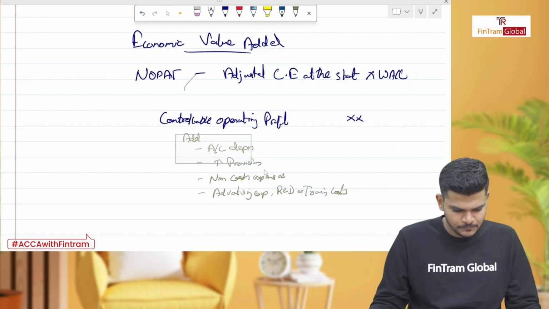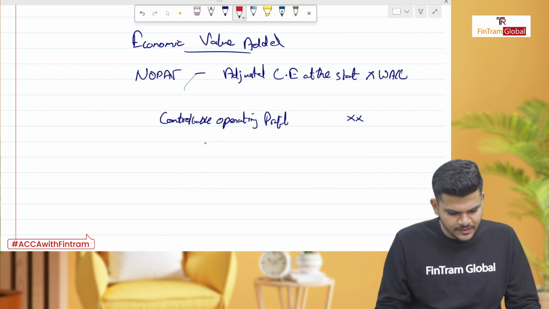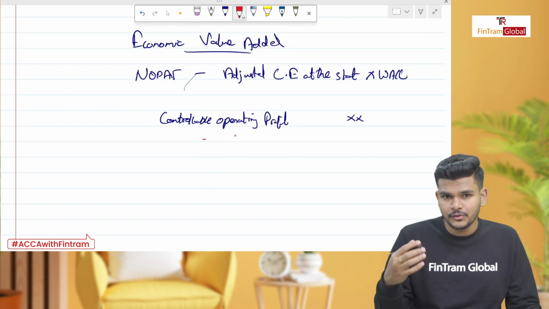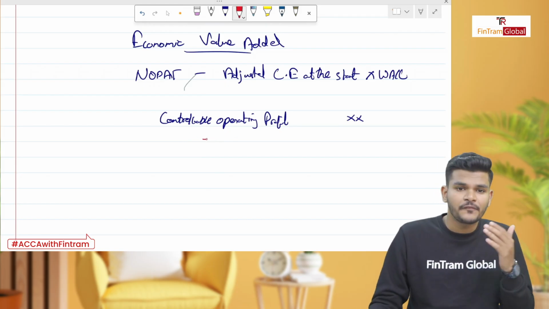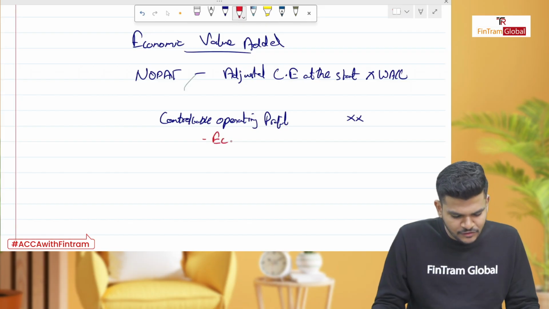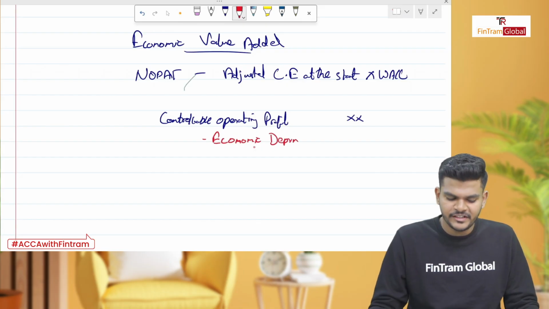Okay, folks. Now, what all things would be deducted? Let's talk about that. I should be deducting, again, the opposite of what I've explained earlier, right? Instead of accounting depreciation being added back, economic depreciation would be deducted.